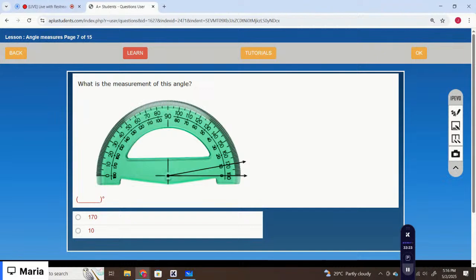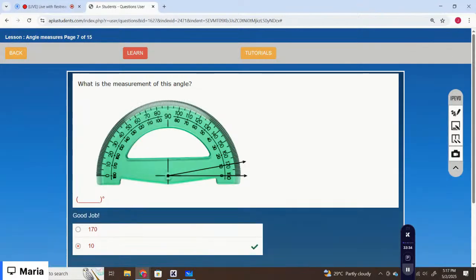What is the measurement of this angle? That is 10 degrees. Option number 2 is the correct option.